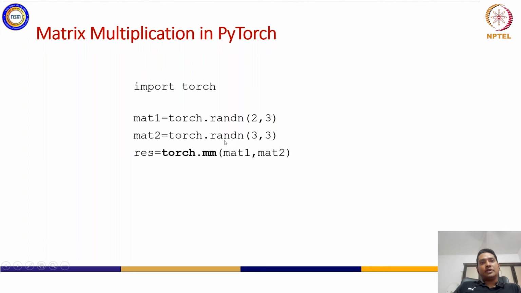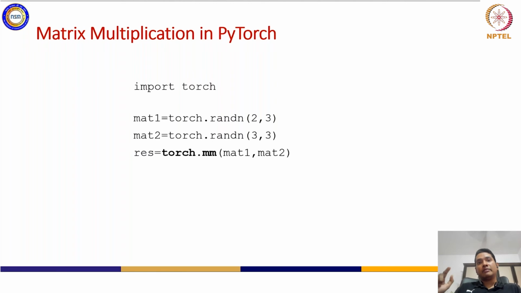For the second matrix, we have 3 by 3 random values. When we try to matrix multiply these two, they need to be compatible for multiplication. So you cannot multiply, let's say, a 2 by 4 and a 3 by 3 matrix. The columns of the first and the rows of the second need to be the same, and that's when you can apply this .mm function to multiply the two matrices.